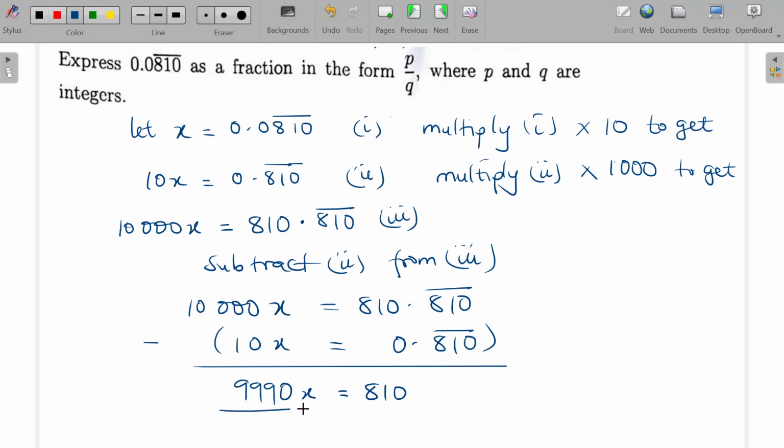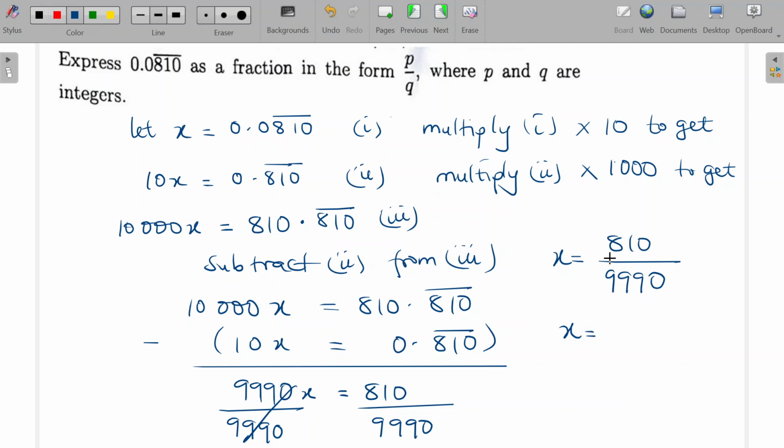Then we divide both sides by 9,990. As a result, x is equal to 810 over 9,990. Removing the 0, we have 81 over 999.